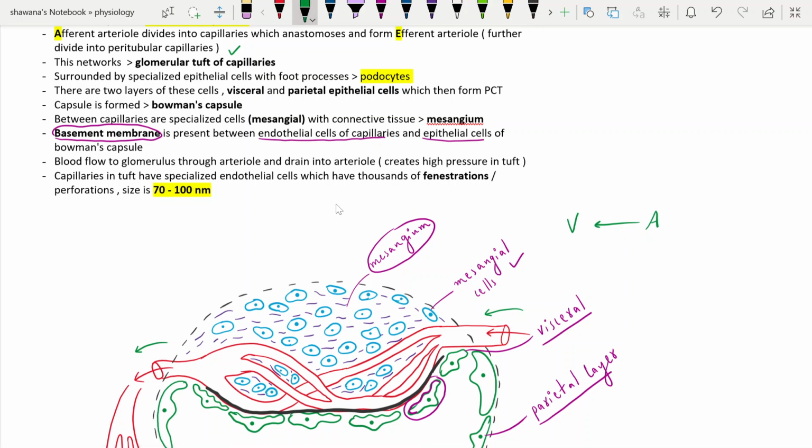After that, the blood flows into the glomerulus via the afferent arteriole and is drained by the efferent arteriole. It creates a high pressure system which is specialized for filtration.